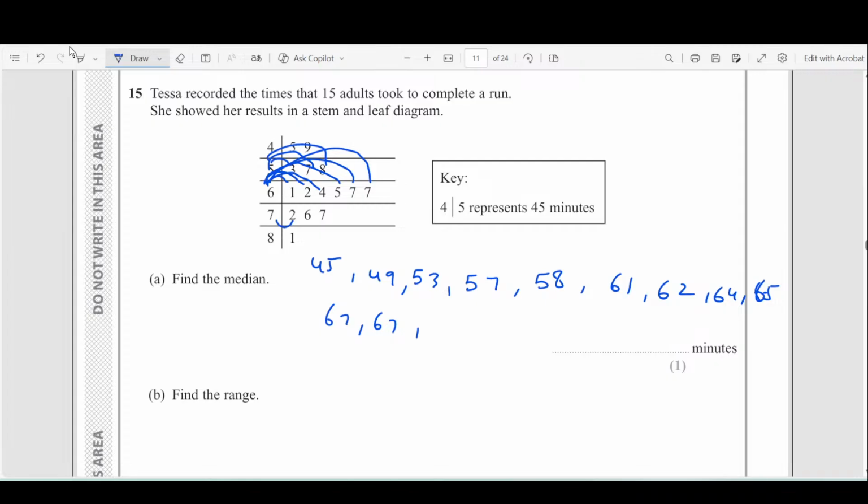This one is 72, 76, 77. This is 81. That's what we have.